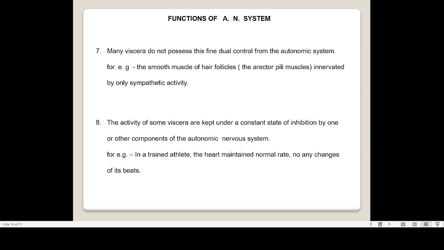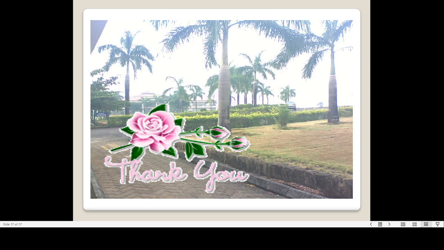For example, in a trained athlete the heart maintains a normal rate. If we are training with continuous fast running, there is no change in the heartbeat even as physical activity increases, because it is trained, so it stays normal.